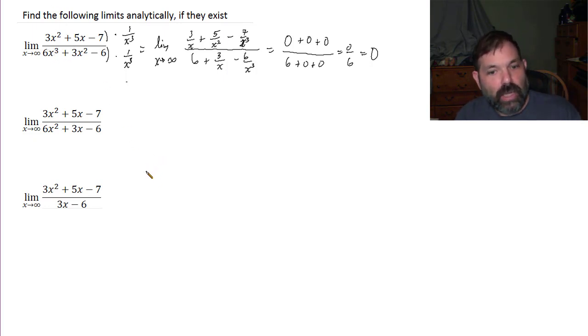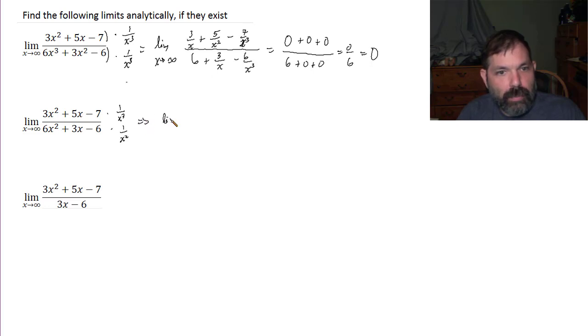Now in the second example, I changed it up a little bit. Notice now that it's a similar expression, except now I've changed the denominator to be 6x squared. So if I use a similar method, I would multiply the numerator and denominator by 1 over x squared.